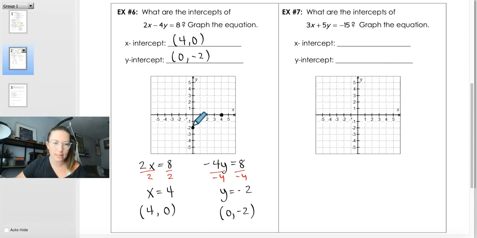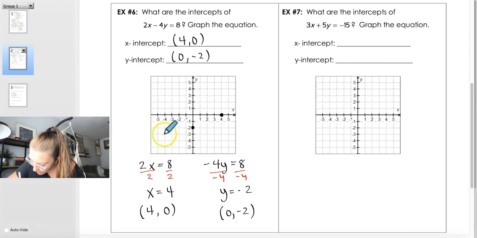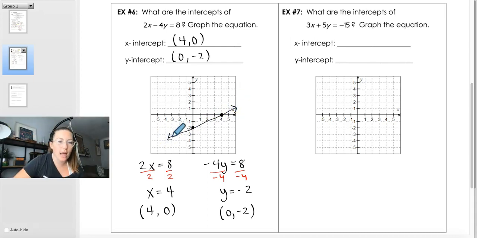I'm doing this on a tablet, so I'm not the best straight line drawer, so mine's going to look bad, but hopefully you have a ruler and you can make yours look prettier than mine. Make sure we're putting arrows on both ends of our lines. Lines go on forever and ever. So you need to put those arrows to show that it continues.